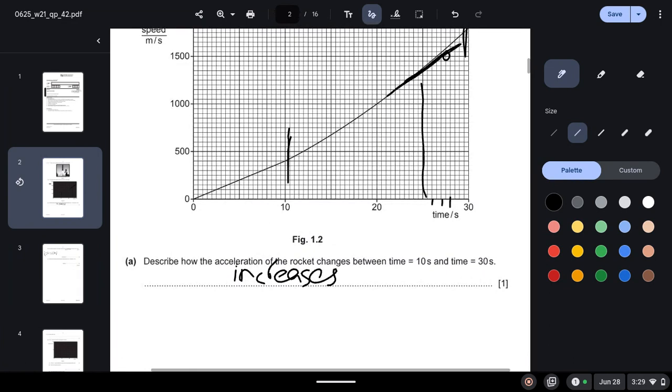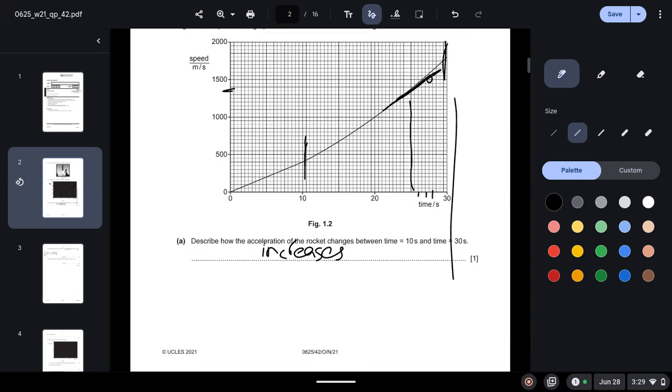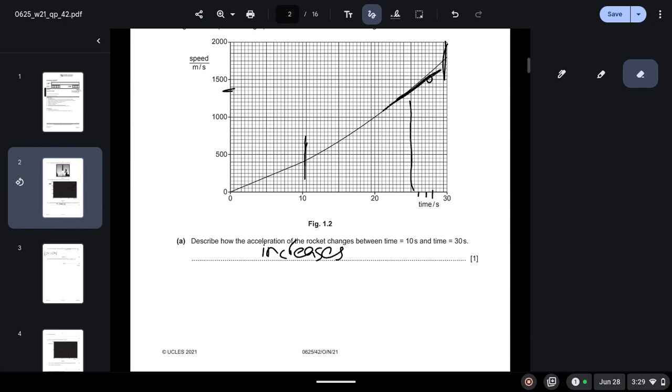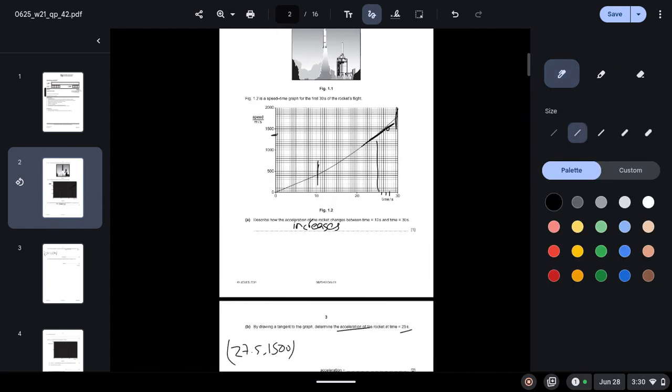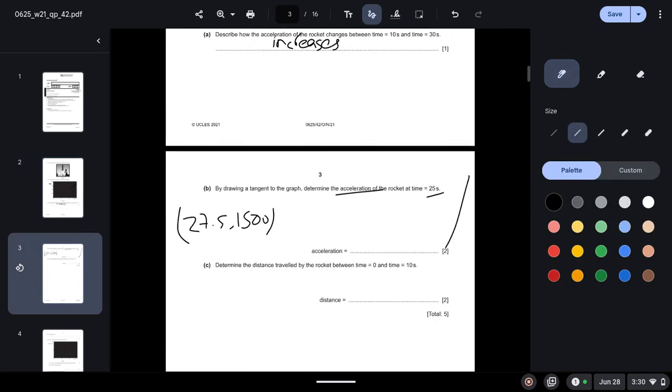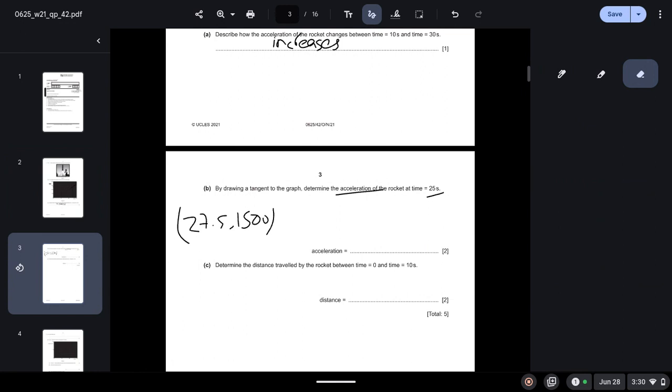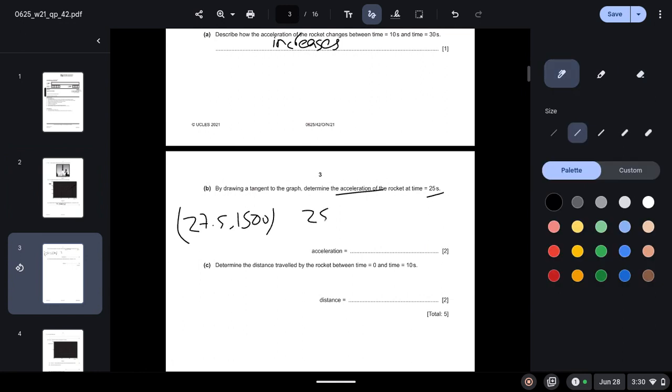So it is 25 and this value would be 1350. So 25 and 1350. So using these two values from the tangent we can calculate.